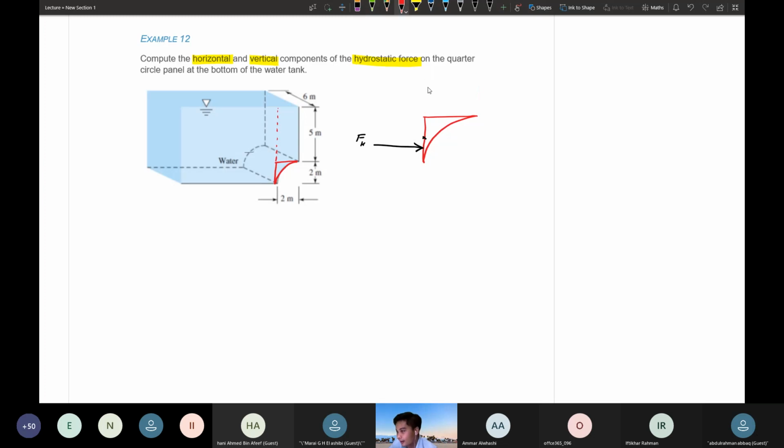This is what we call the reference line or datum.